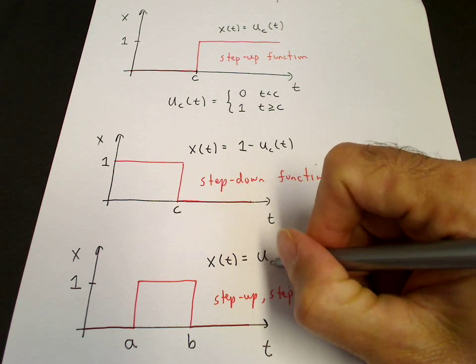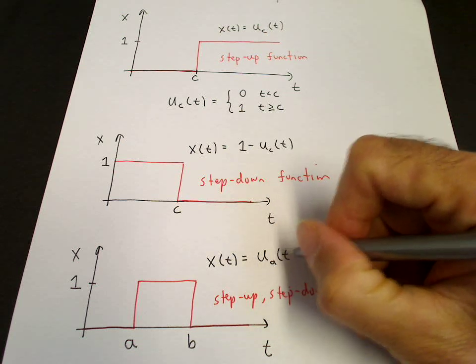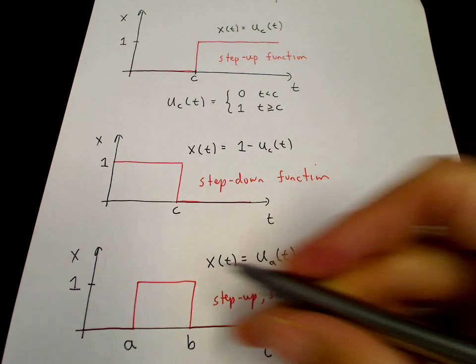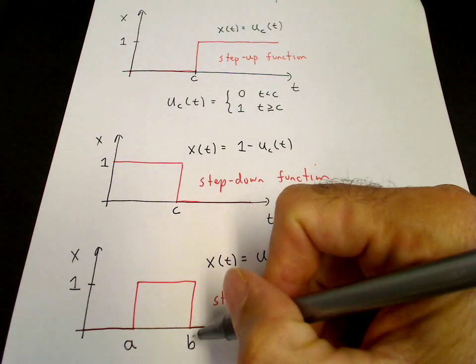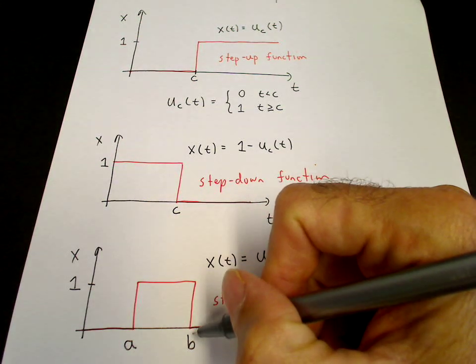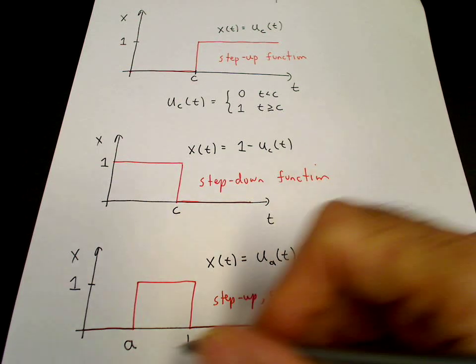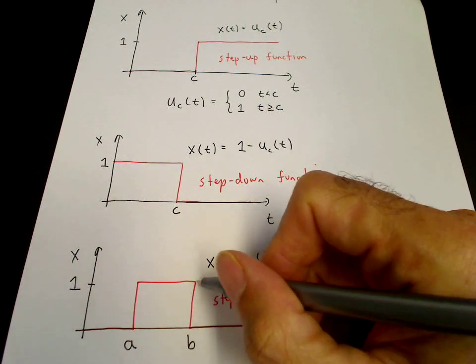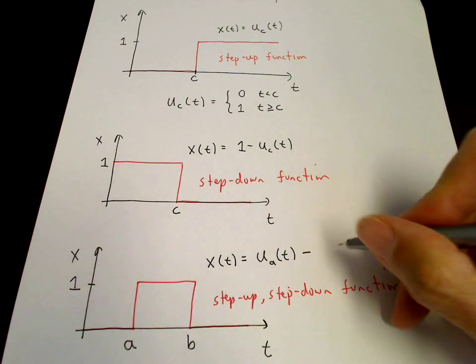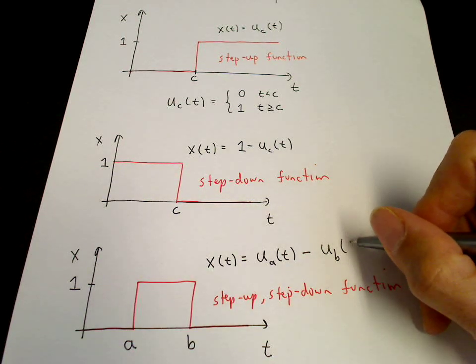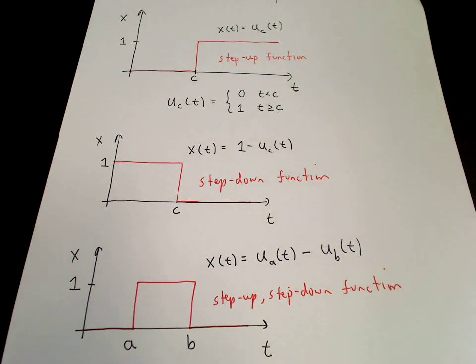So we have u sub a of t, which is 0 for t less than a and 1 for t greater than a. And then we step down again at t equals b. So we can subtract from this something which jumps up to 1 at t equals b and is 0 for t less than b, and that would be u sub b of t. Okay, and that would be the step up, step down function.